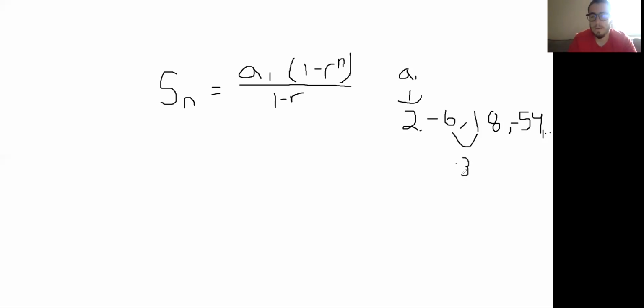And you can check that. We're multiplying by that every single time. So this is going to be r, and that's going to be A1. So now we just plug in everything. We're looking for the first 9 terms, so n is 9.